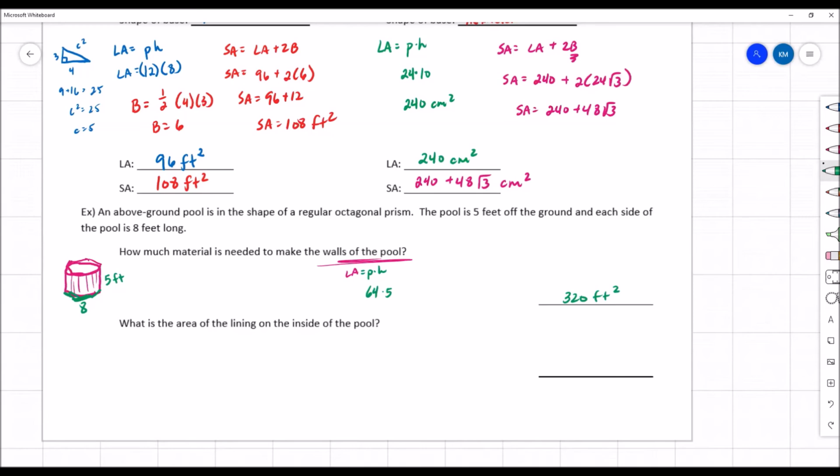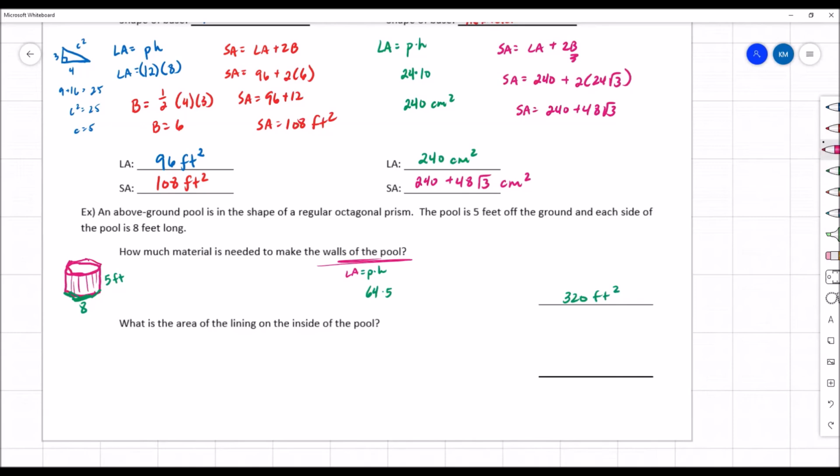Then it says, what is the area of the lining on the inside of the pool? So we have to get a lining so that the water doesn't just seep through this wooden pool. How much lining do we need to get? Now your natural inclination must be like, oh, that's the surface area. But we're going to have to think past that.